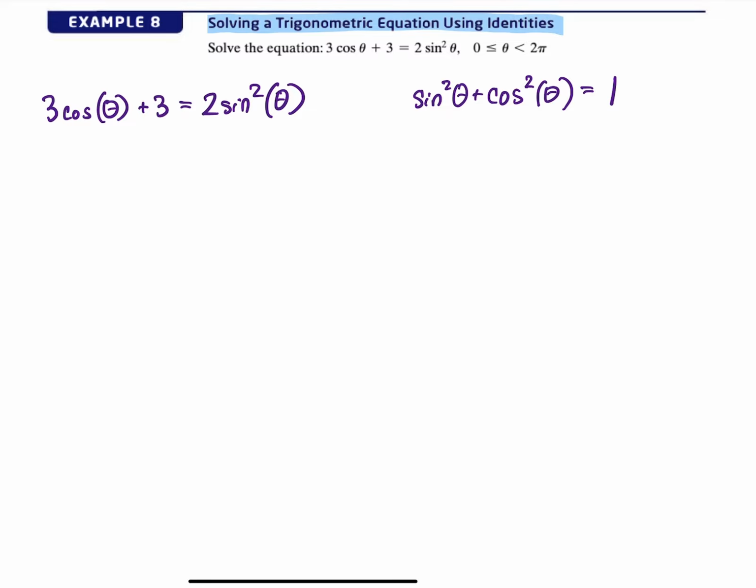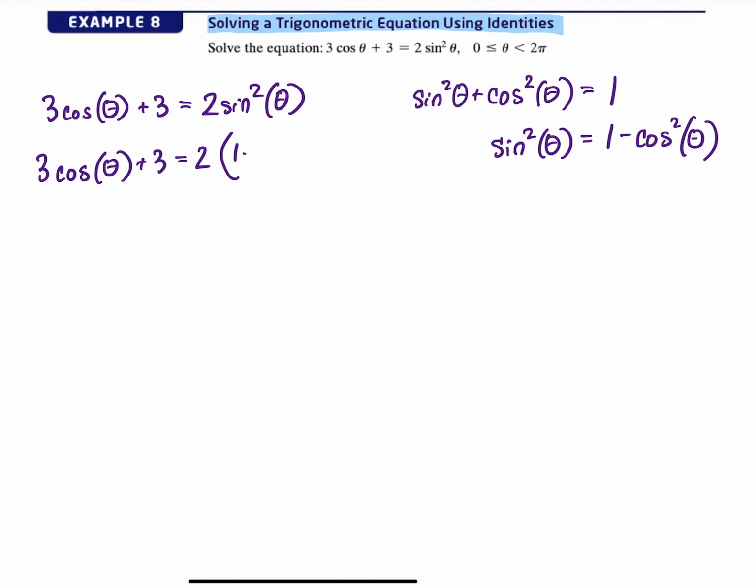So notice if we solve this for sine squared, subtracting everything else over, we get sine squared of theta equals 1 minus cosine squared. Meaning we can replace this sine squared in the equation with 1 minus cosine squared. And then we would only have the cosine in our equation. And that's what we want to achieve. So let's replace that sine squared with 1 minus cosine squared.